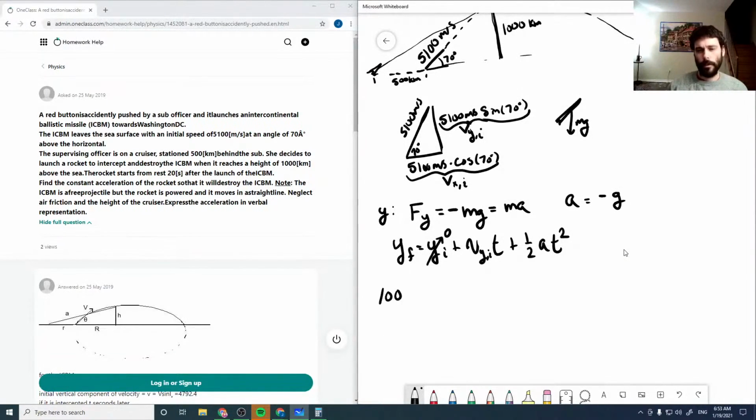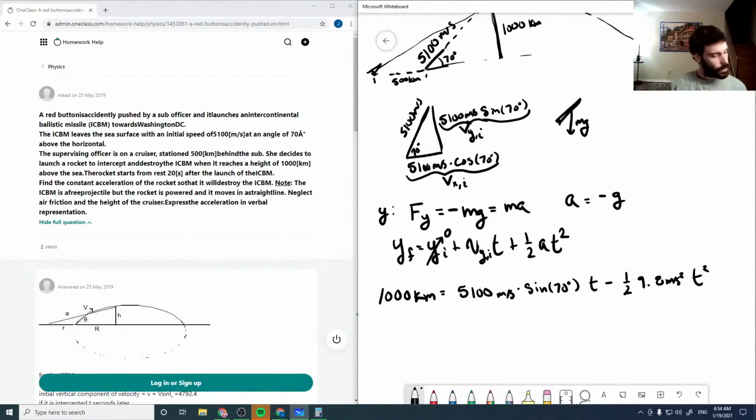So I've got 1,000 kilometers is equal to my 5,100 meters per second times the sine of 70 degrees times t, minus, because it's a minus g, 1/2 of 9.8 meters per second squared t squared.